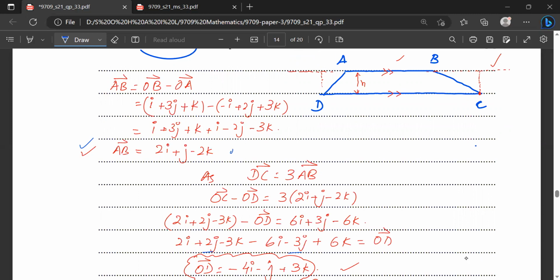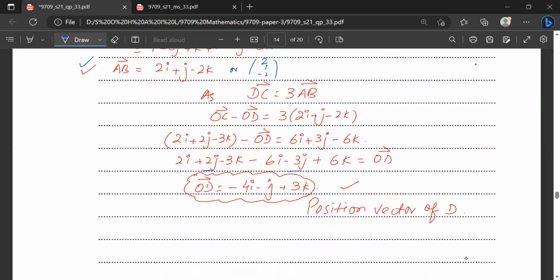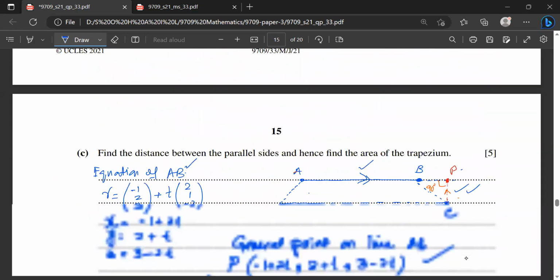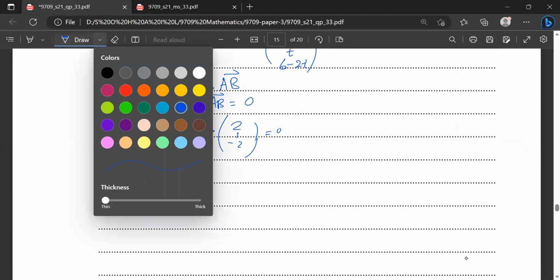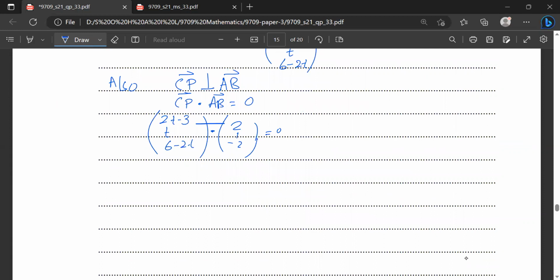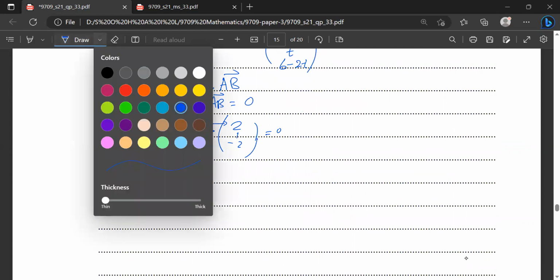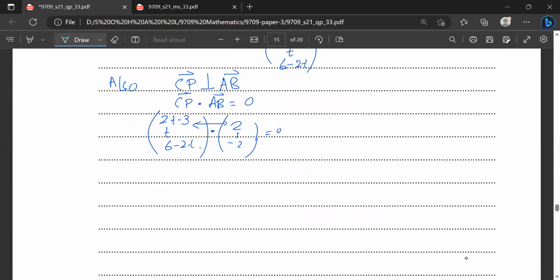So you can write it as 2, 1, and minus 2. Is equal to 0. So multiply the corresponding entries and add. This is the scalar product of the two vectors.